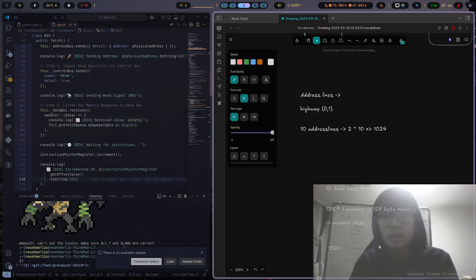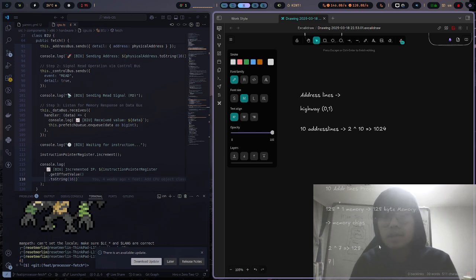1024, I think it was 1024 divided by 128. Wait, hold on. It was 2 to the power of 7, because 2 to the power of 7 equals 128 bytes.